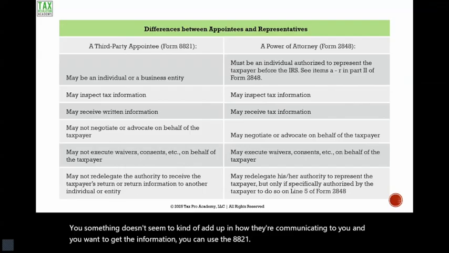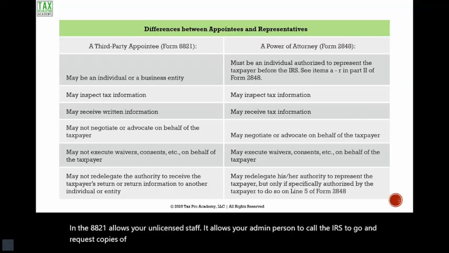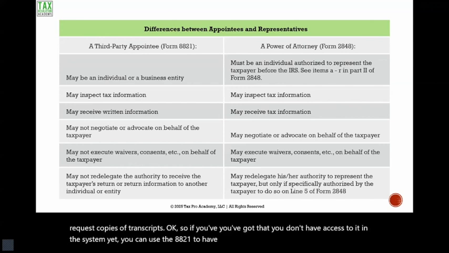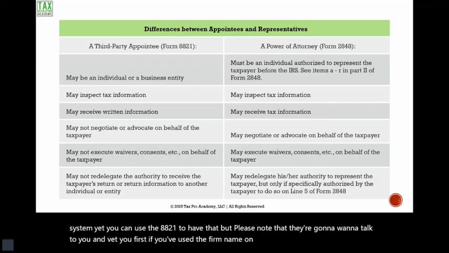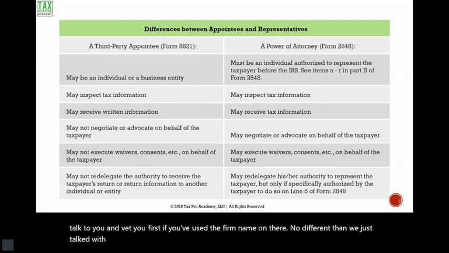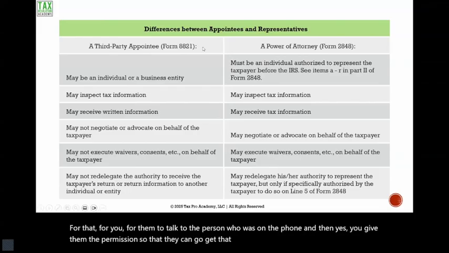And the 8821 allows your unlicensed staff, your admin person, to call the IRS and request copies of transcripts. Okay, so if you don't have access to it in the system yet, you can use the 8821 to have that, but please note that they're going to want to talk to you and vet you first if you've used the firm name on there. No different than we just talked about with the oral disclosure authorization. And then they ask if it's okay for them to talk to the person who was on the phone, and then yes, you give them the permission so that they can go get that information.